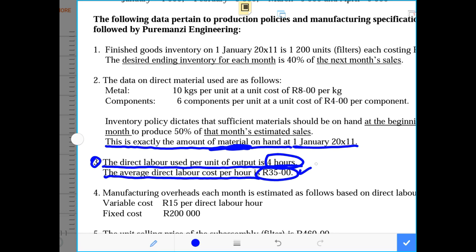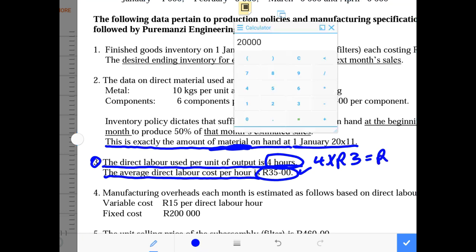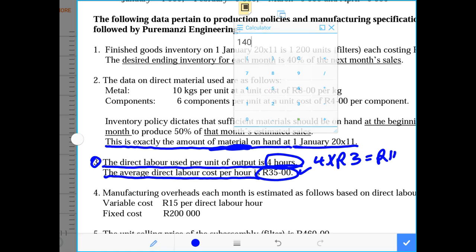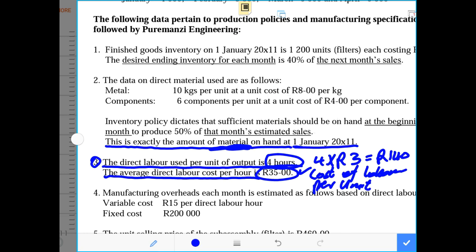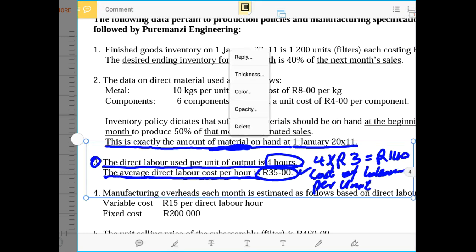So if we say 4 times 35, this will give us the cost of direct labor per unit. That gives us 140, and 140 will be the cost of labor per unit. However, we'll do this as we continue, and we'll calculate that again.